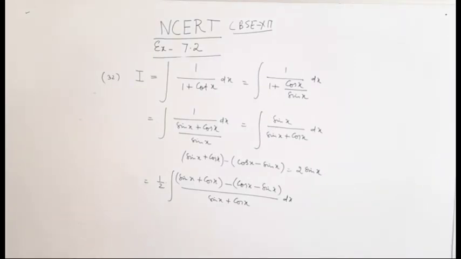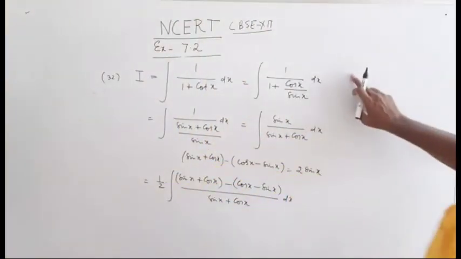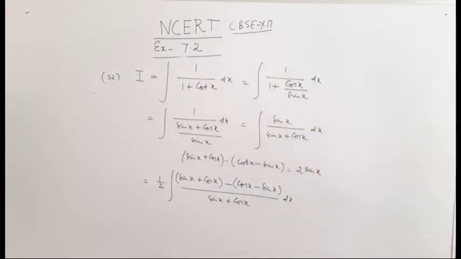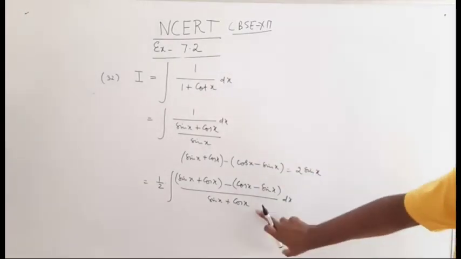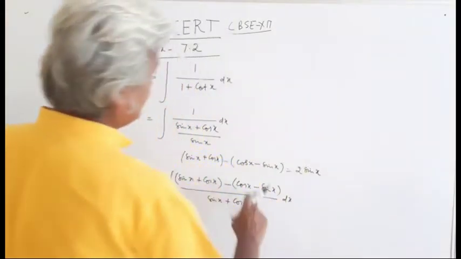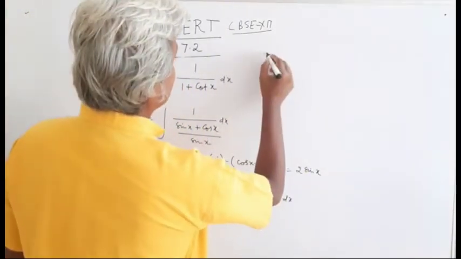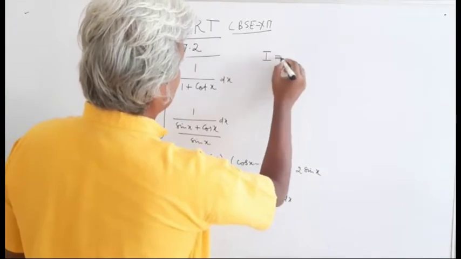Then we need to break this down into two or more terms. I think if I remove this part it will be much better. So from this part I am going back to this part. So let me write here I, and this question is a little tricky.